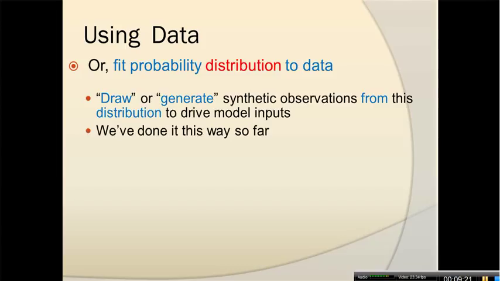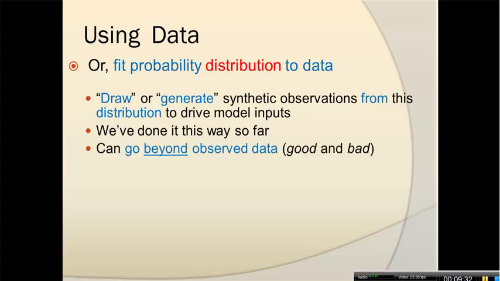And that's what we've done, right? So far, we use the probability distribution to drive our models. In that case, we can actually go beyond the observed data, and that is a double-edged sword, it has some good properties and some bad features.